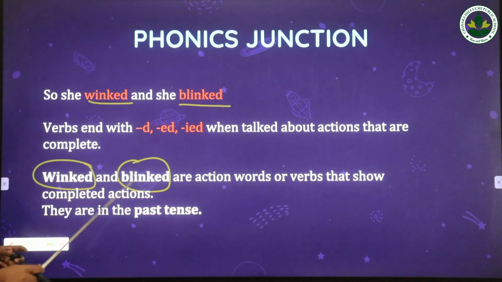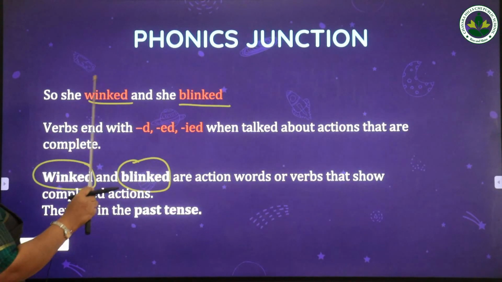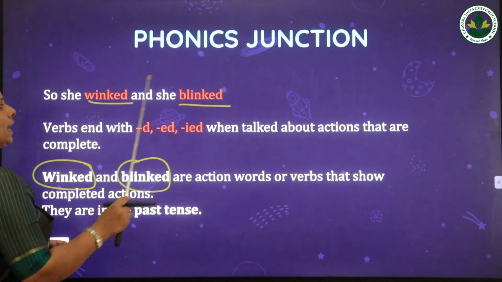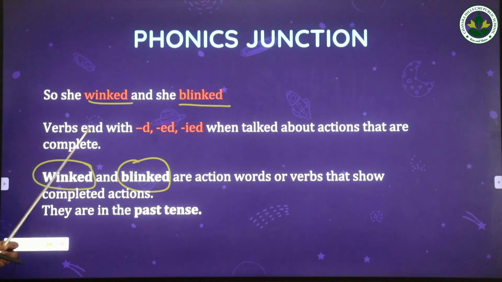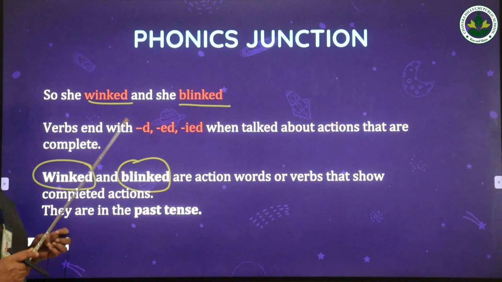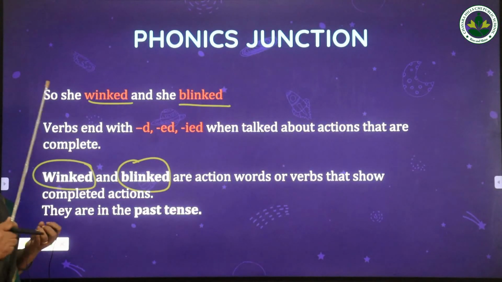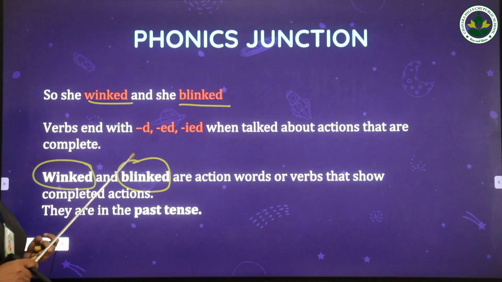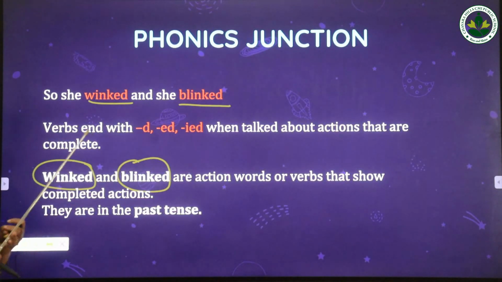These two words you can see in this line, and these two verbs or action words end with ED, isn't it? So if a verb ends with D, ED or IED, remember that actions are complete. So we can call them past tense. Present tense we already studied, present continuous tense also we have studied, and remember the structure of simple present and present continuous.